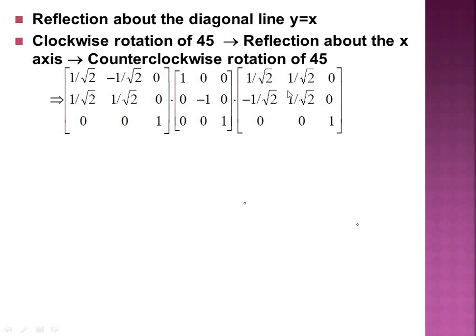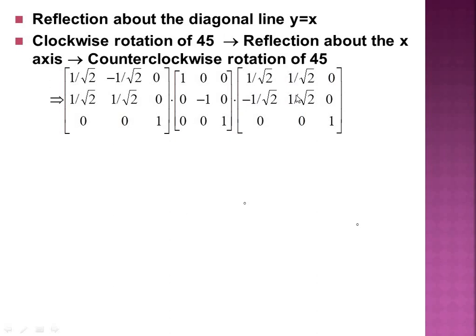This is the rotation matrix in which we are performing clockwise rotation. Since we are performing clockwise rotation, the value of angle theta is taken as minus 45 degrees. So the value of cos 45 is 1 by root 2, minus sin 45 degrees is minus 1 by root 2, and then cos 45 degrees is again 1 by root 2.